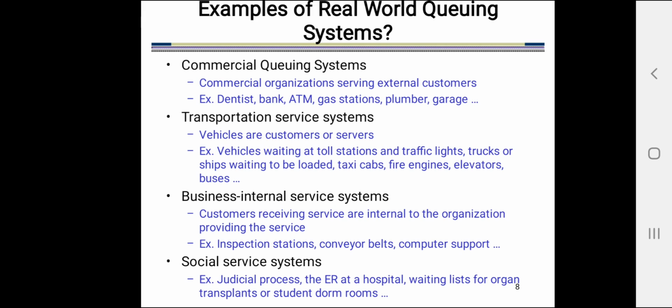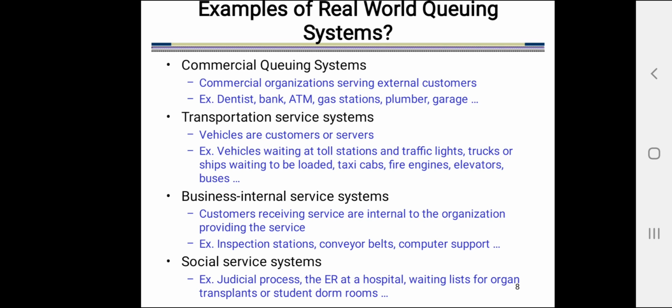Let us see examples of real world queuing systems. First, commercial queuing systems: commercial organizations serving external customers, for example dentists, banks, ATMs, gas stations, plumbers, garages, etc. So one service provider and a number of customers are there.